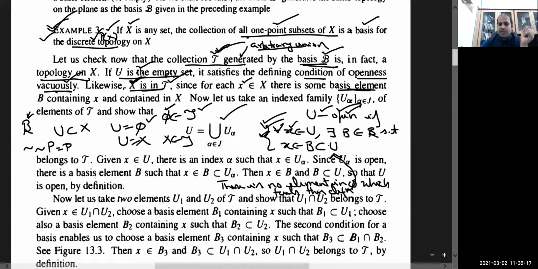Phi we have seen. Now the second condition is that the whole space will also be there. Why? Now if any x belongs to X, and obviously here X is non-empty, and since B is a basis, it's given. So the first condition of basis is that around each x, there must be at least one B from this collection such that x belongs to B and B is contained in X.